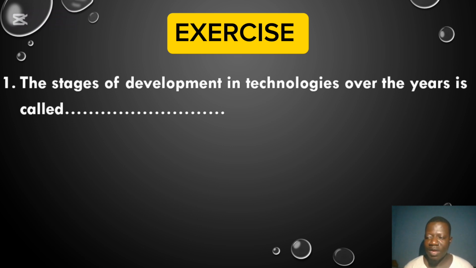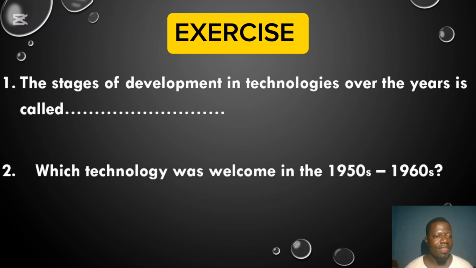So we are going to look at the second question, which is: the technology that was used in the period of 1950s to 1960s is what? So within the period of 1950s to 1960s, which technology was used? First, we have to identify that generation.